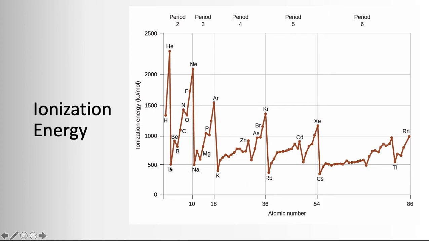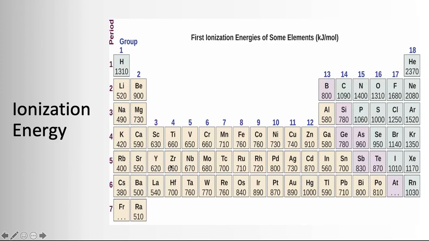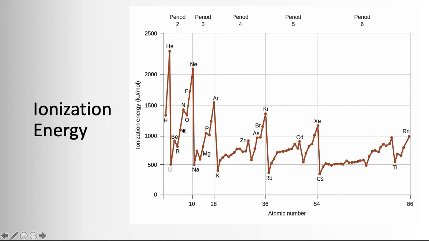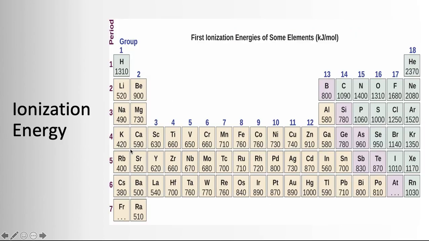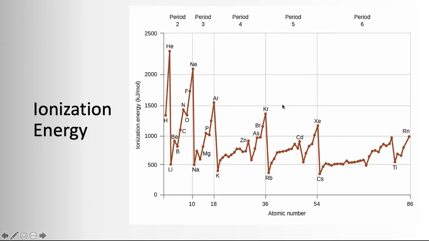As I go from lithium all the way to neon, across a period, the ionization energy in general increases. That is the trend in ionization energy. Remember, it is the energy that needs to be supplied for that element to lose the first electron.